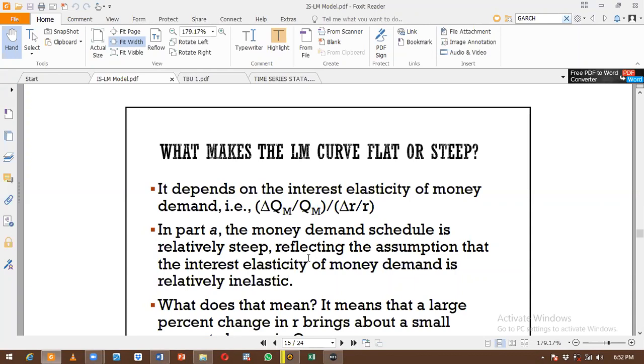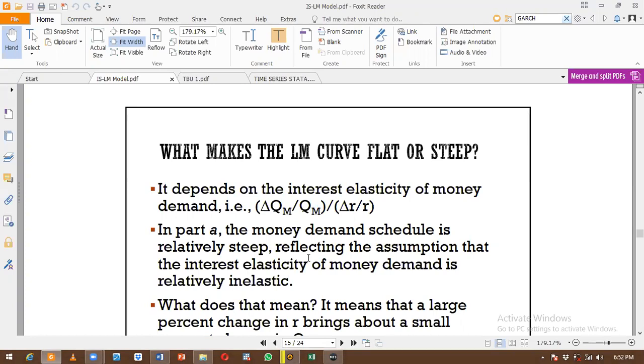On the other hand, if money demand is interest inelastic, it means it doesn't really respond to changes in the interest rate, and there's an increase in income causing an increase in money demand. So before you can bring the market back to equilibrium, you really need to increase the interest rate by a much bigger percentage, since money demand doesn't really respond to changes in the interest rate.